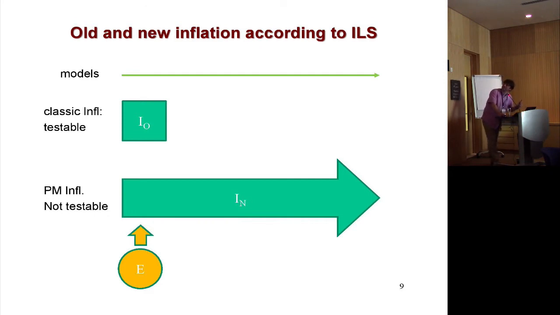Now, if one thinks about their distinction between, up there I wrote old and new inflation, which doesn't make sense, but between classic and postmodern inflation, the idea is that the classic inflation, that understands inflation as a theory, as single field inflation, not overly complex potential, and that's it, they understand this as testable.